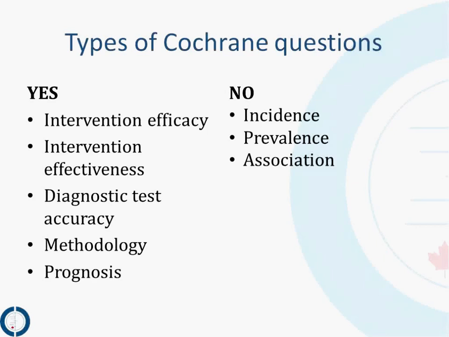The Cochrane Prognosis Methods Group is currently developing methods for the conducting of Cochrane prognosis reviews. And in the future, the Cochrane Collaboration will be allowing the registration of prognosis reviews, perhaps in the next year or so. The Cochrane Collaboration does not provide support for epidemiological questions that deal with incidence, prevalence, or association.